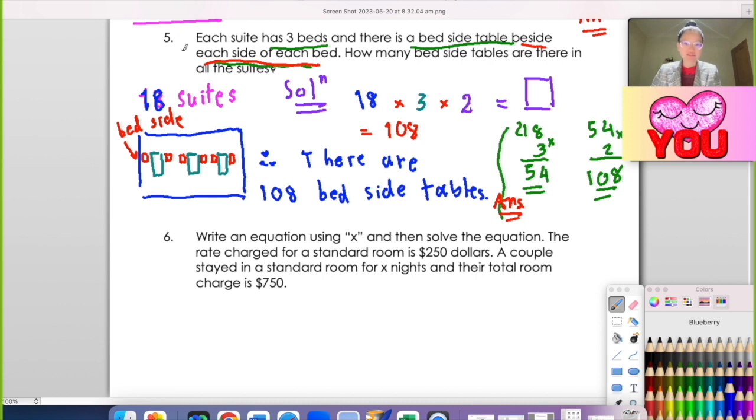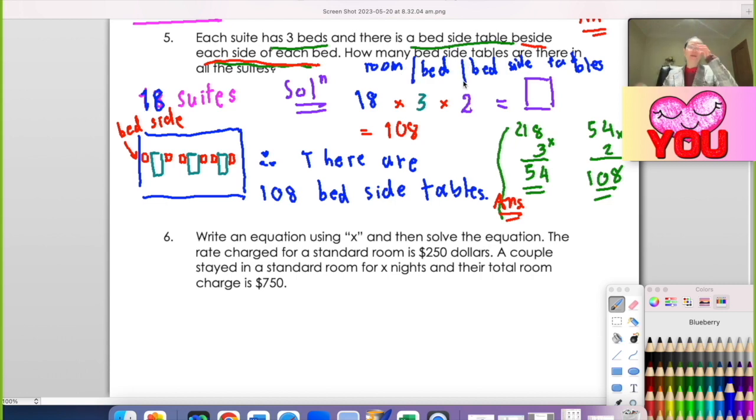I want you to analyze from the question. You have to know first, we have 18 rooms, and we have 3 beds, and each side of the bed has a bedside table, so 2 bedside tables per bed. This is how you analyze the question.